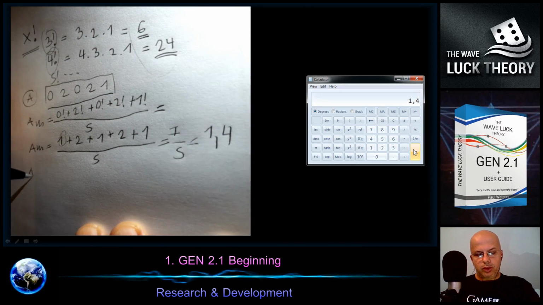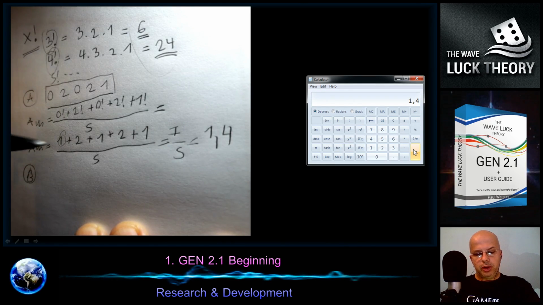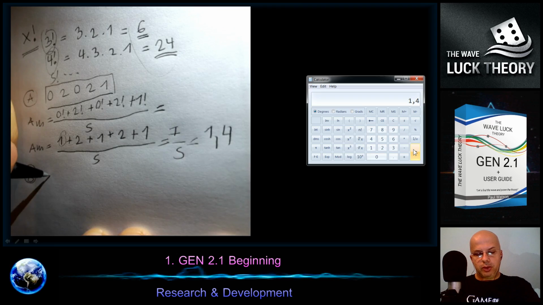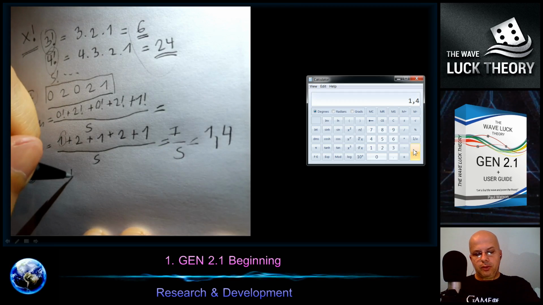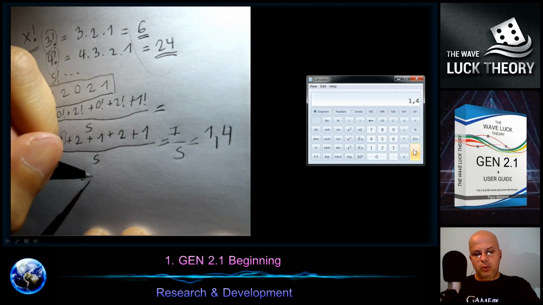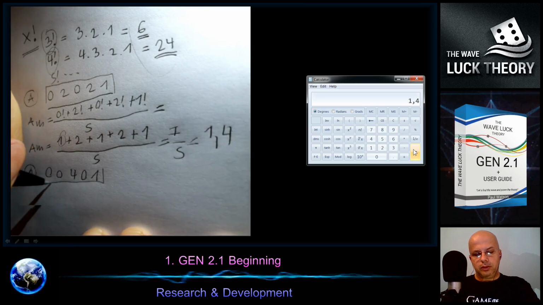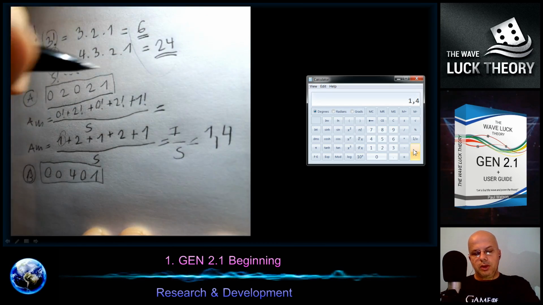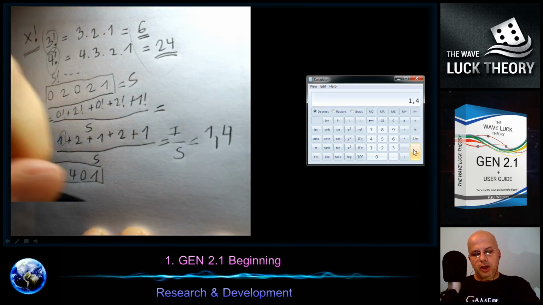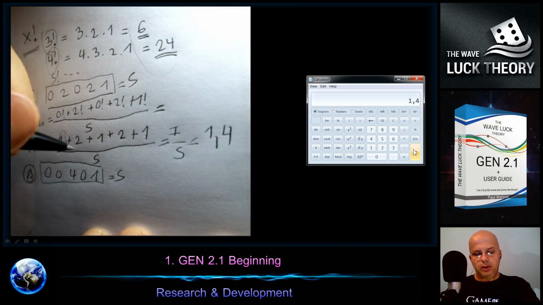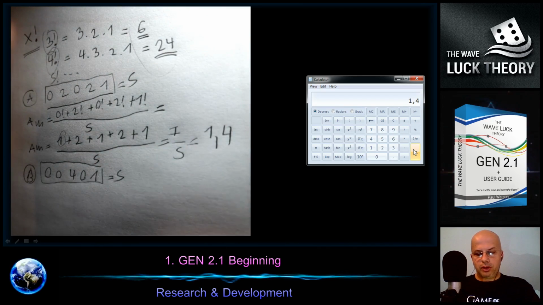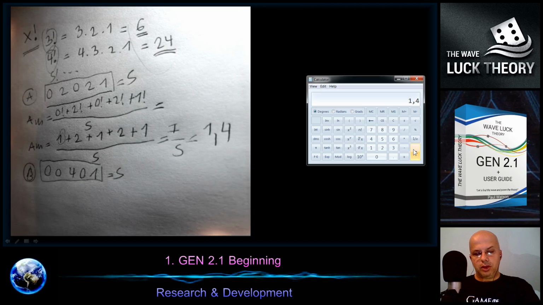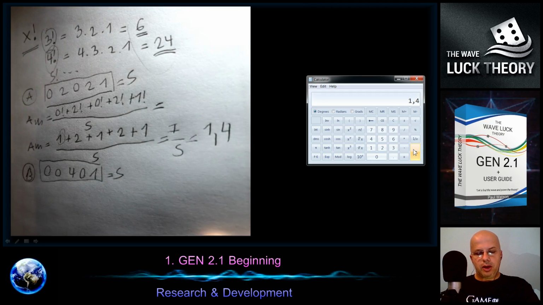And if we look at wave B, it has the sequence 0, 0, 4, 0, 1. Again, the sum is 5, and here it is 5. So the waves according to Gene 2.0 are equal.